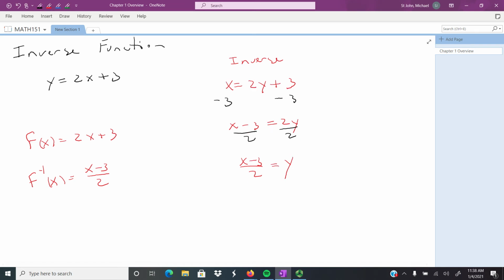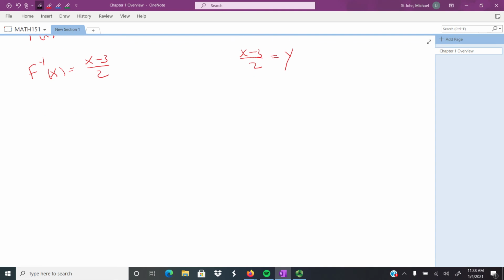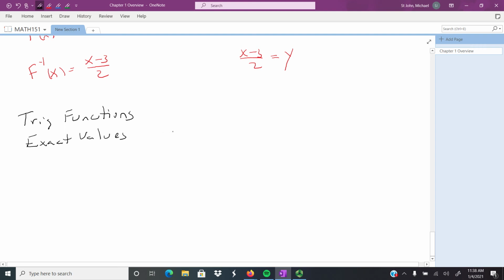The last thing, and again it's stuff you've seen before, are the trig functions. Again, you had the exact values. Remember, in pre-calc 1 and 2, you had the 30, 45, 60 degree angles. But also if I had something like 3 sine x plus 2 equals 0, I should be able to solve this.